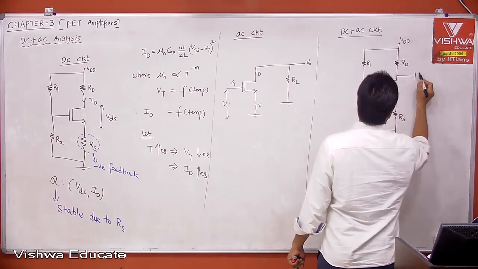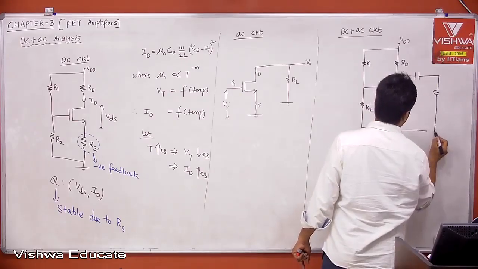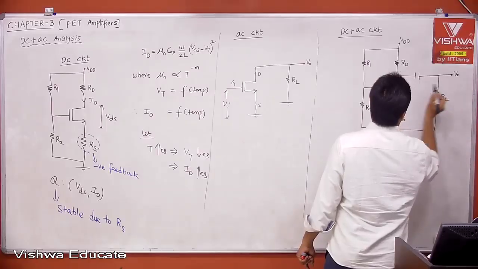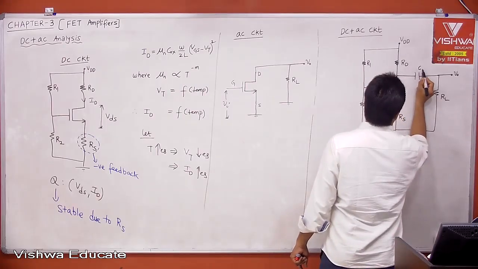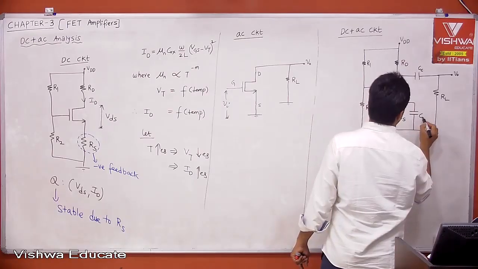Then the DC voltage should not be given to your load. This is your actual load, small v naught. This is the coupling capacitor, and this is your bypass capacitor.